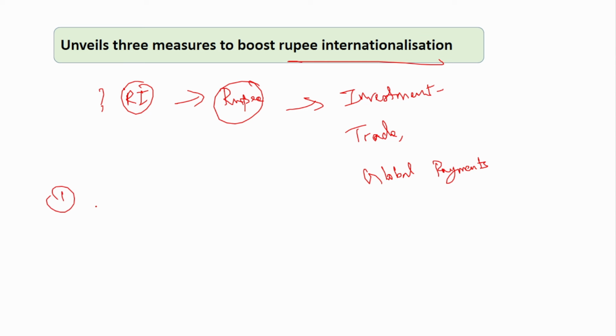First is the Indian rupee loan, to the neighboring countries.